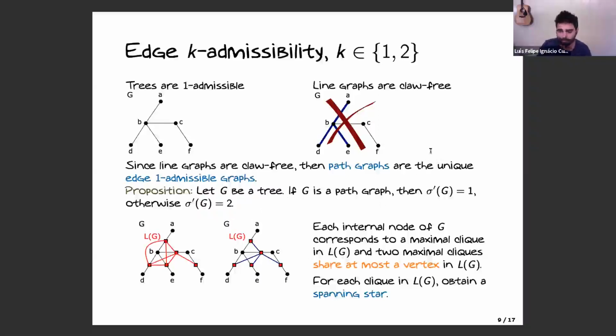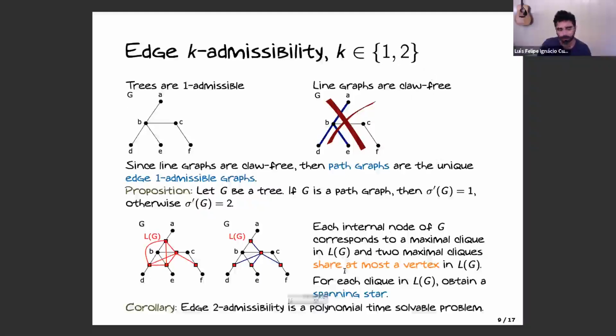Okay, so now that we know the edge k admissibility for trees, consider a general graph. If I give you a general graph and ask if it is edge 2 admissible, we can solve it in polynomial time, since determining the k admissibility for k equal to 2 is a polynomial time solvable problem.